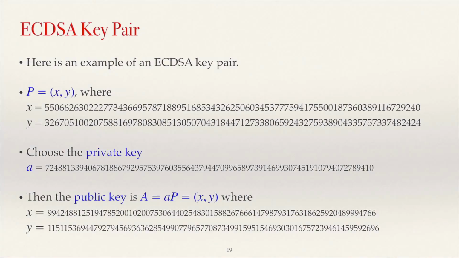Here is an example of an ECDSA key pair. Recall that P is this fixed point on the curve x, y, where x and y are these large numbers. Alice selects a random number a between 1 and n minus 1. Let's say she selects this number a. So this is Alice's private key. Then her public key, capital A, is the point P added to itself this many times, which works out to the point x, y, where x and y are these large numbers.